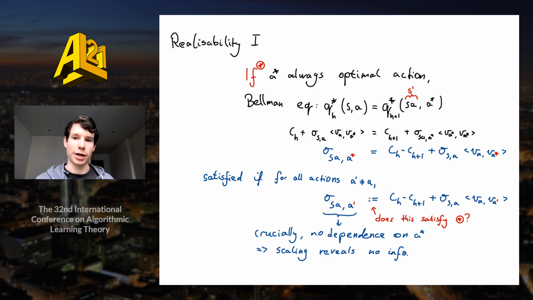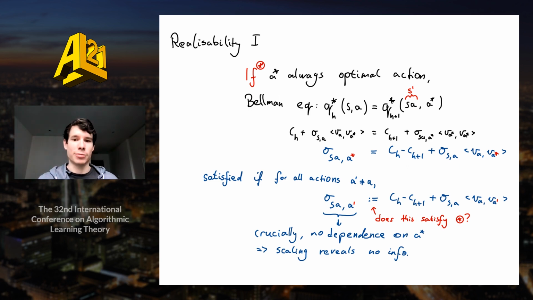Okay, so if we plug in the definitions of these, as in the inner product, then what we see is that this black equation has to be satisfied, which means that that blue equation under it will have to be satisfied for A star.